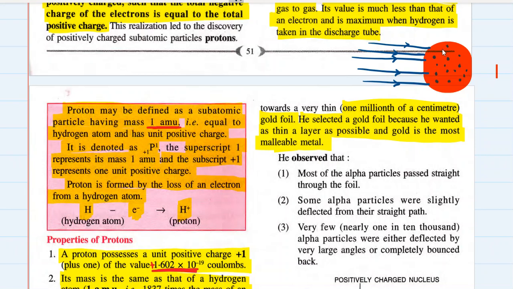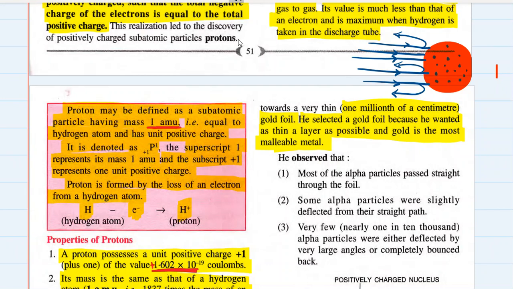So they will not allow these positively charged alpha particles to enter. Moreover, they would just come near this atom, make a U-turn, repel back and go back. So does this actually happen?